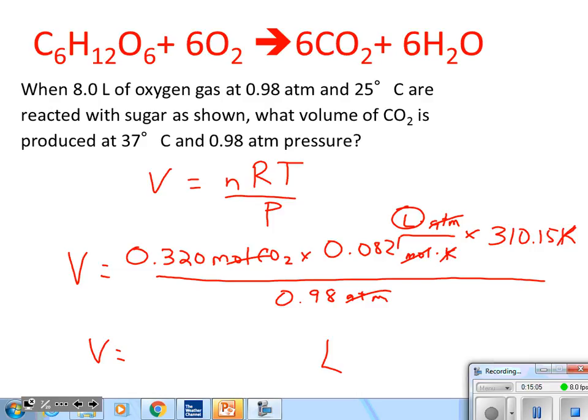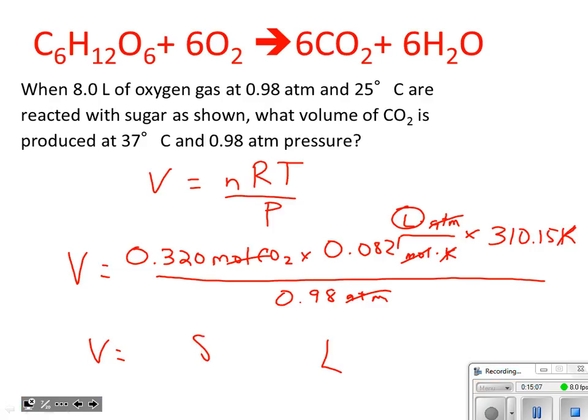When I do my math, I come up with 8.3 liters.